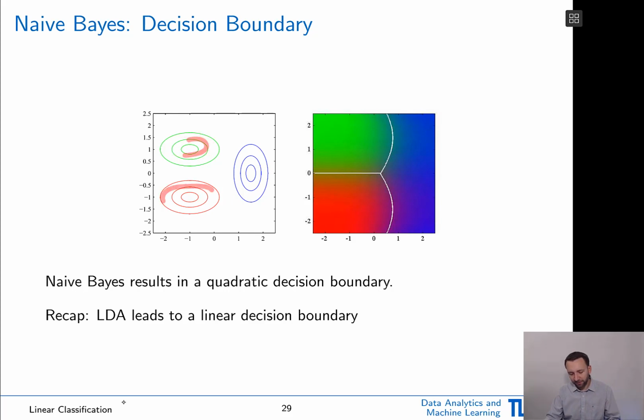Once two distributions have the same covariance structure, the decision between these two would be a linear one. But you see that these two, for example, have a different covariance structure. And then we are getting this quadratic term here as well, right? We are getting overall potentially quadratic decision boundaries, right? So here and here and then here, okay? So naive Bayes might result in quadratic decision boundaries, or it's very likely actually, and in contrast to LDA, which can only lead to linear decision boundaries.